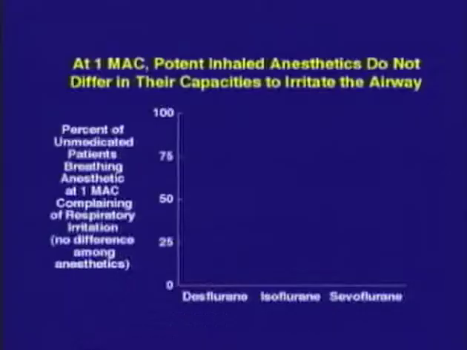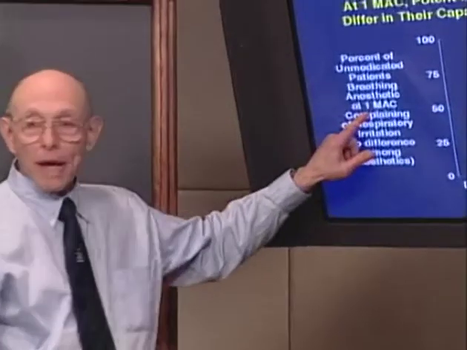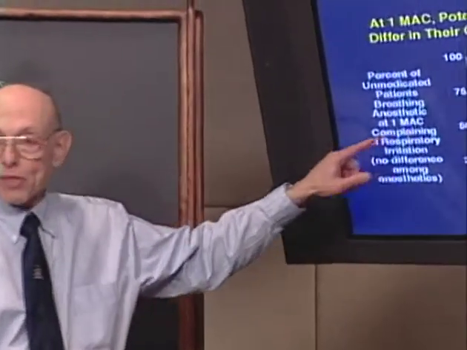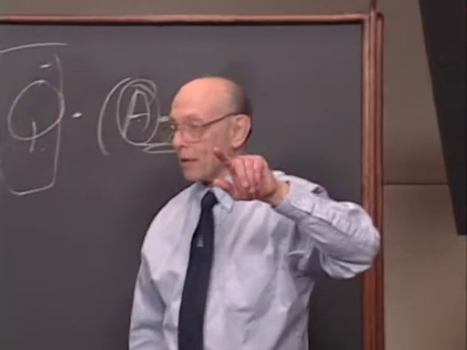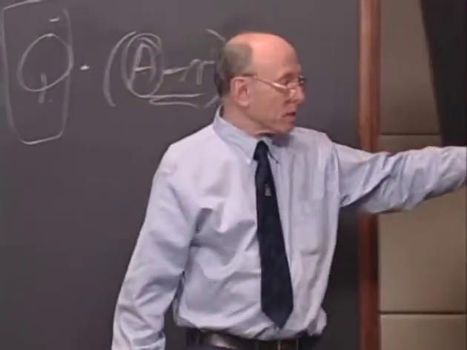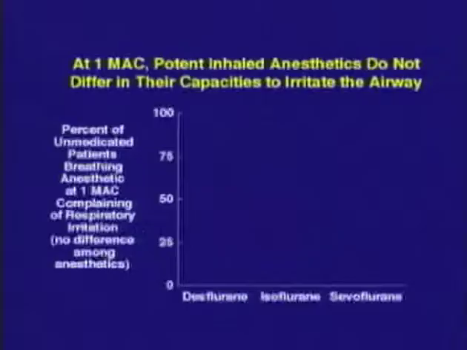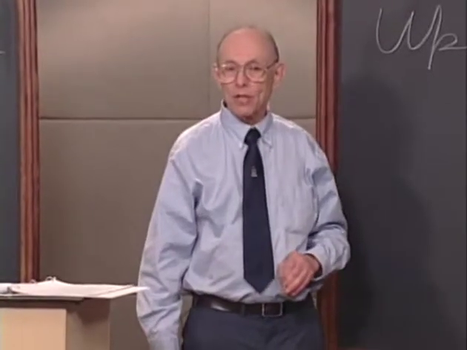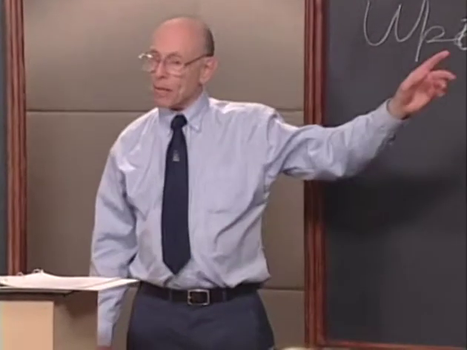Let me show you this graph, though, which made one little change: instead of 2 MAC, 1 MAC. At 1 MAC, the percent of patients complaining of respiratory irritation with desflurane, isoflurane, and sevoflurane is exactly the same, 0. So maybe we could induce anesthesia with desflurane if we keep that in mind.